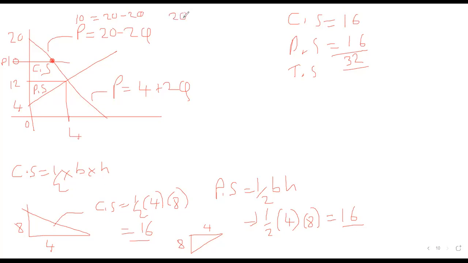It will be positive. Then this is 20 minus 10, which gives us 10. So we divide both sides by 2. So what becomes our quantity? 5.